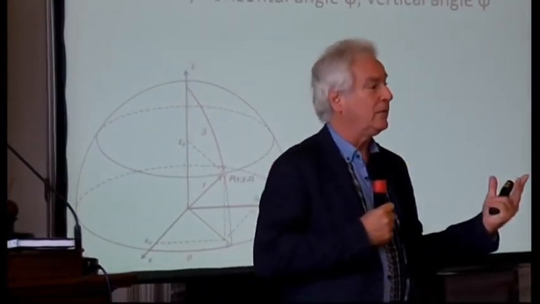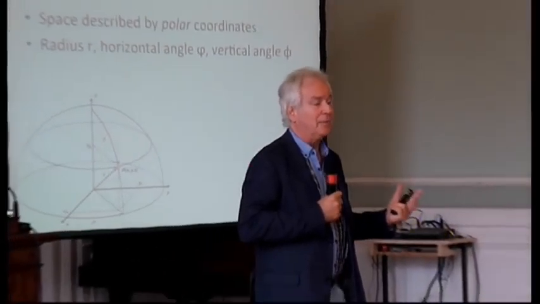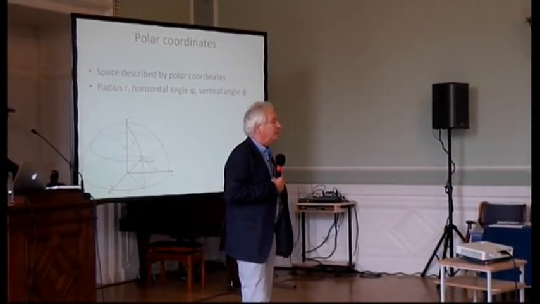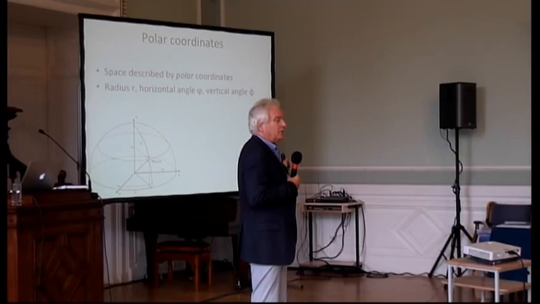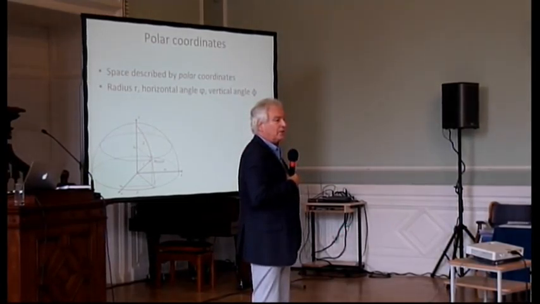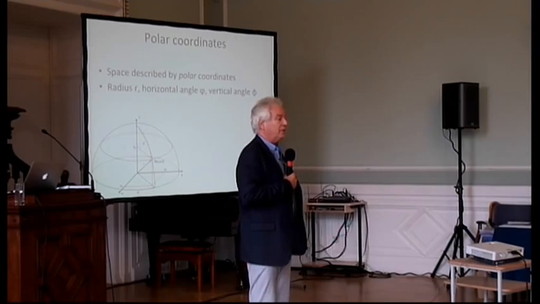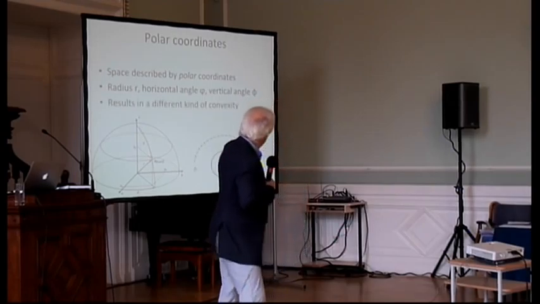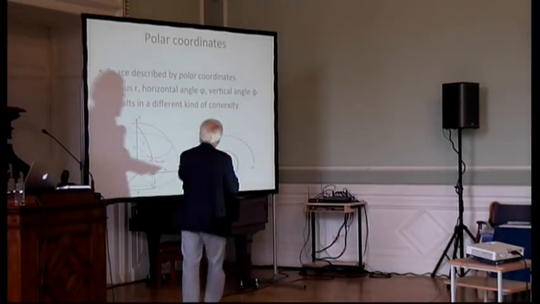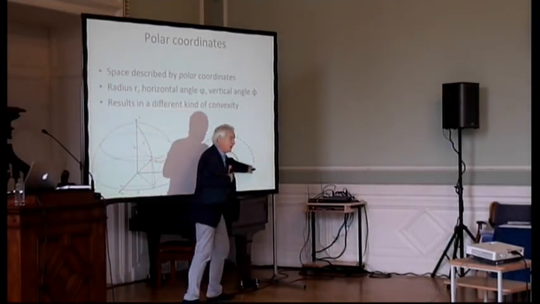Space is still 3-dimensional, but this is how you describe the stars on the sky and so on. The important point of changing from Euclidean coordinates to polar coordinates is that you get a different notion of convexity. If you use Euclidean coordinates, the points between A and B will be this line.